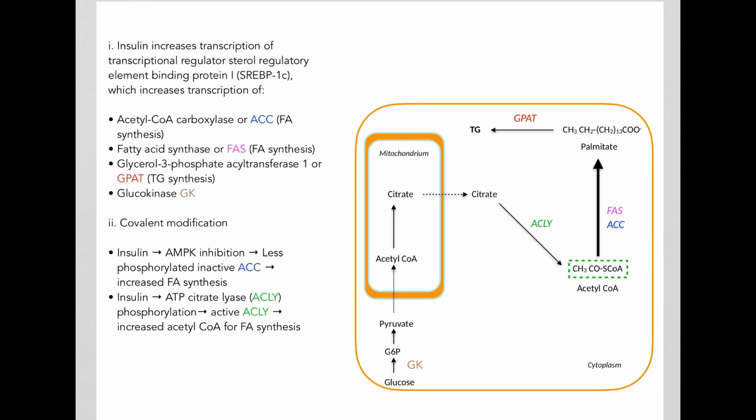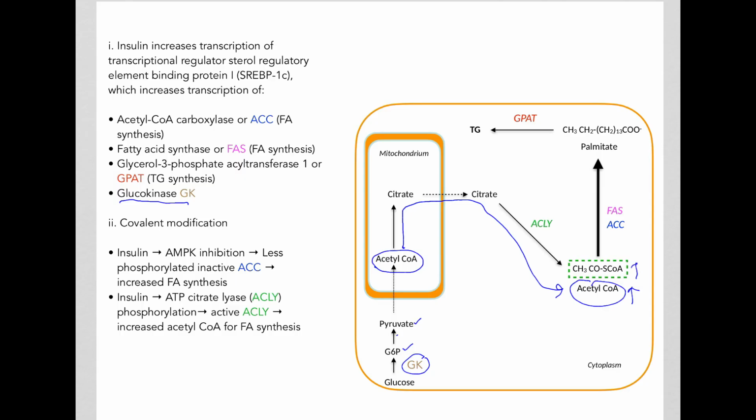There is also increased synthesis or transcription of the enzyme glucokinase. This is the enzyme that's responsible for converting glucose into glucose 6-phosphate, which eventually becomes pyruvate, enters the mitochondria, becomes acetyl-CoA, and that acetyl-CoA will be transported out into the cytoplasm where fatty acid synthesis occurs, and therefore there will be increased acetyl-CoA concentration in the cytoplasm.